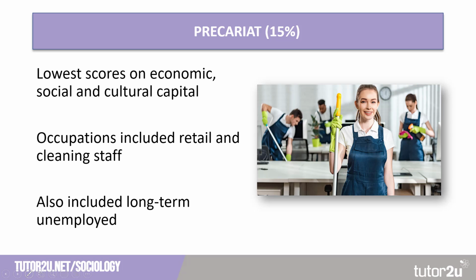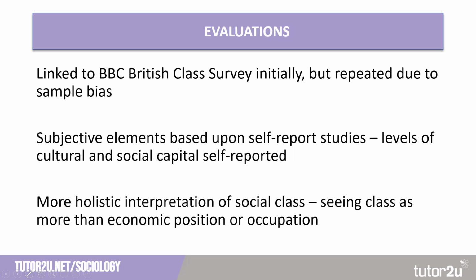In evaluating the work of Savage et al., it's important to note that when it was linked to the British class survey, it produced a sample bias. Out of the initial 161,000 respondents, a further survey of over 1,000 had to be conducted, as most individuals identified with the upper social classes.